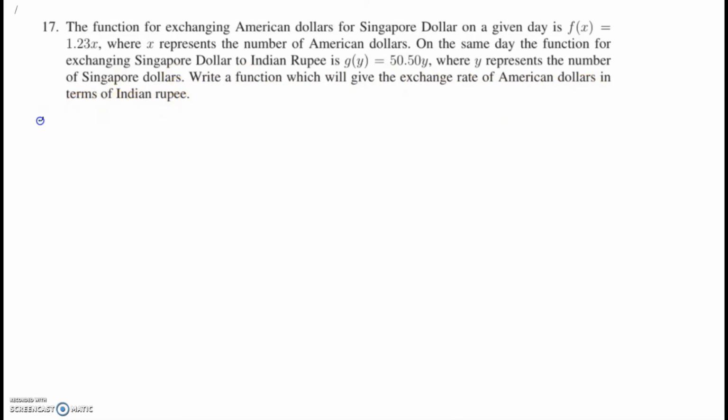Okay, so what is given to us is American dollar. So f of x is equal to the Singaporean dollars, is equal to 1.23x, where x is American dollar, US dollar.